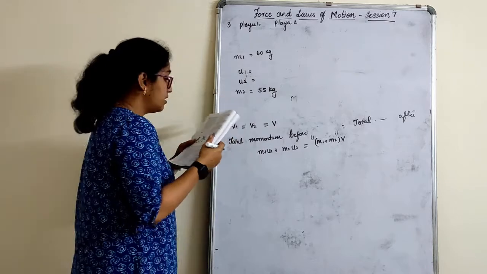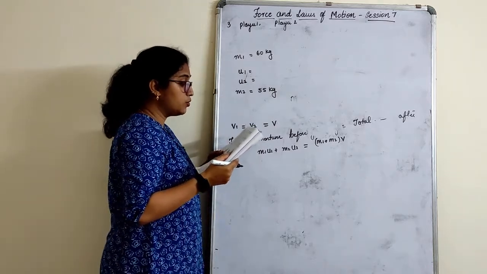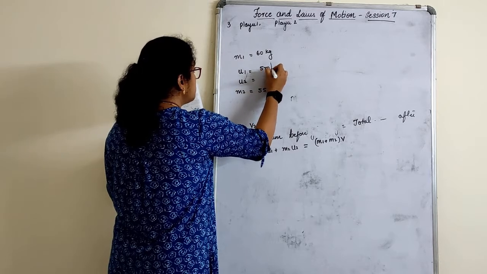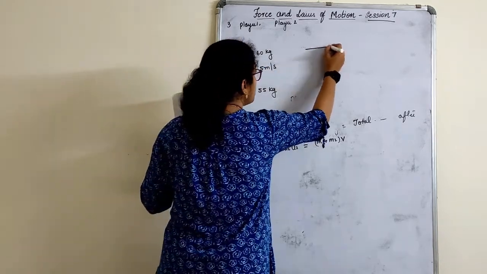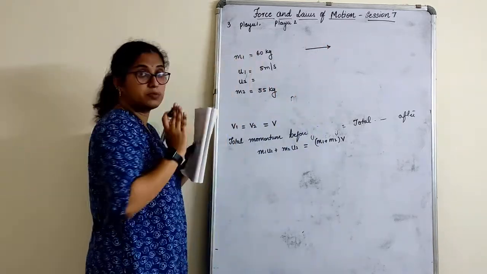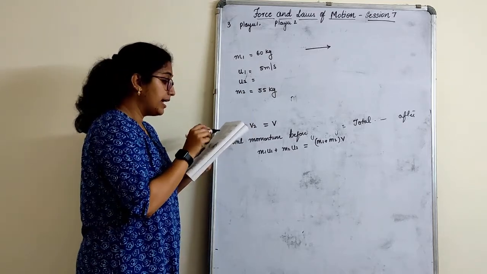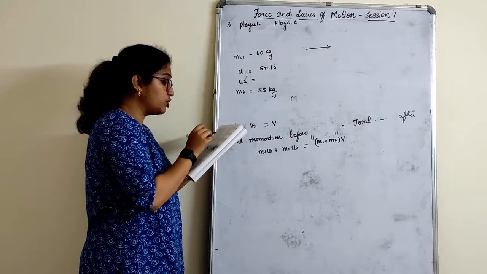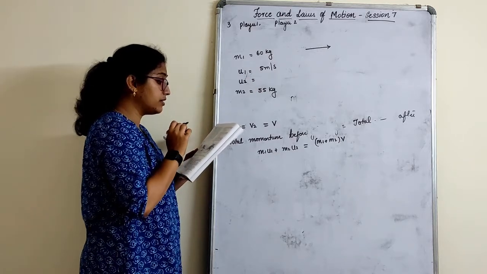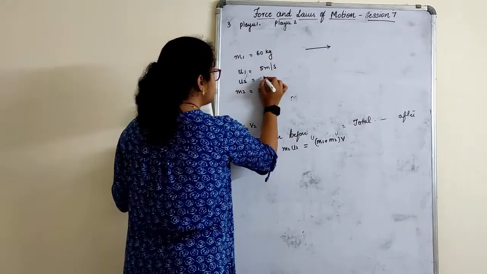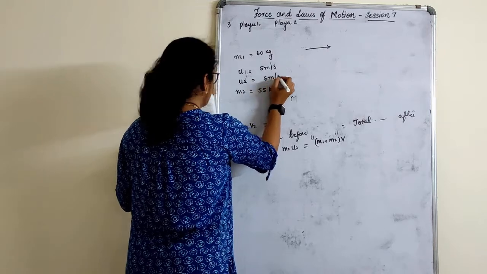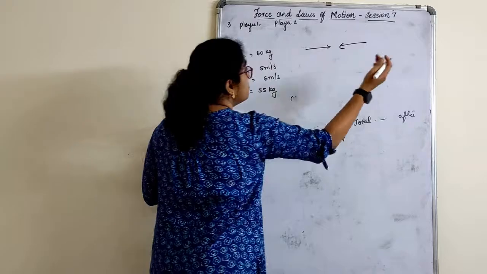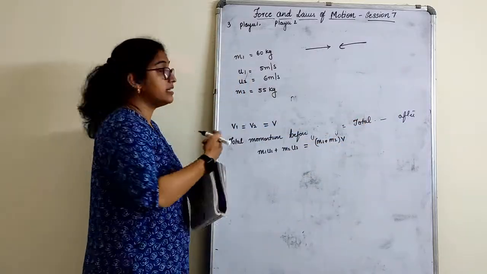Player 1 was moving with a velocity of 5 meters per second. Assume that he was moving like this. The other, with a mass of 55 kg, was moving faster with a velocity of 6 meters per second towards the first player, which means it's coming in the opposite direction.